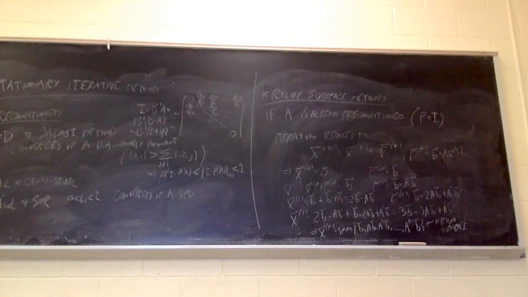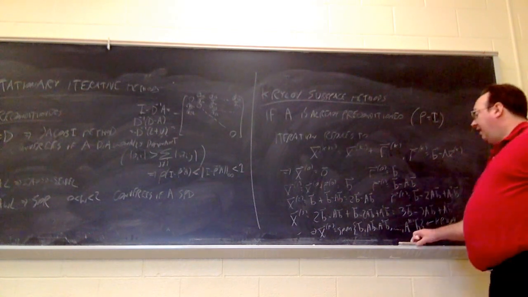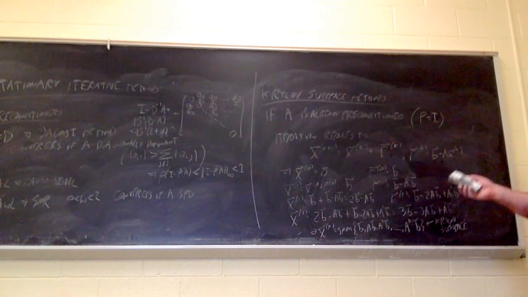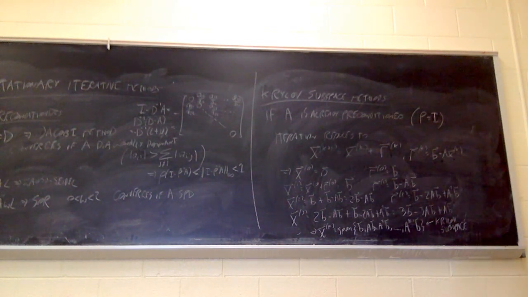Okay. Now, the thing is, this particular choice of iteration, where we just add on the residual every time, might not produce the best results. First of all, it's only going to converge if the eigenvalues of A are close to 1, and that's why we're assuming that A is already preconditioned, that A should already be a pretty decent approximation of identity.